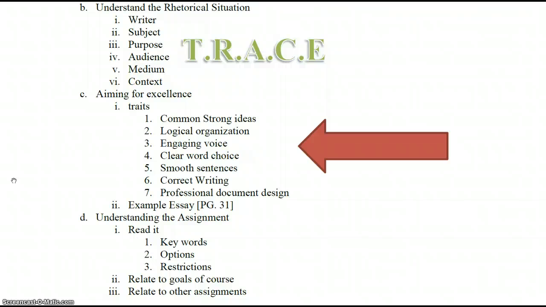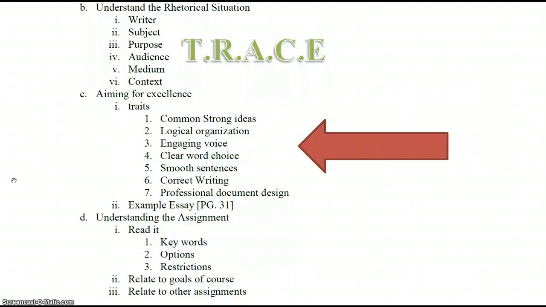There's just a couple of different ways of saying it. They say writer, subject, purpose, audience, medium, and context. Those are all extremely important for any writing assignment that you have, and also for any reading that you're doing for class. So we'll continue to work on the rhetorical situation this week.